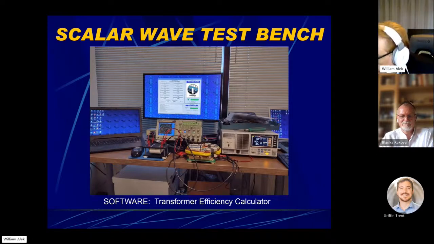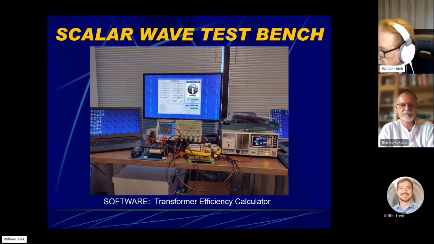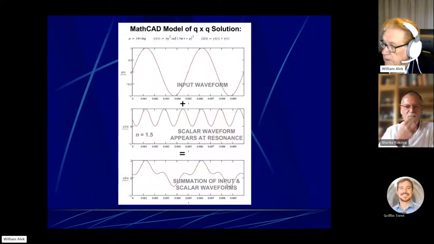So it's sine plus the sine squared term, and that's why you see this kind of funny looking shape at the top. I'll go into a little detail on other slides. So this is the real thing producing the real sine squared term, and that's what gets added into the waveform.